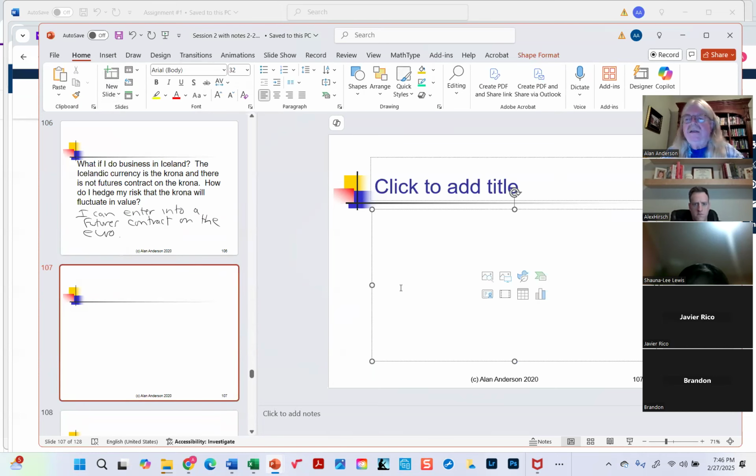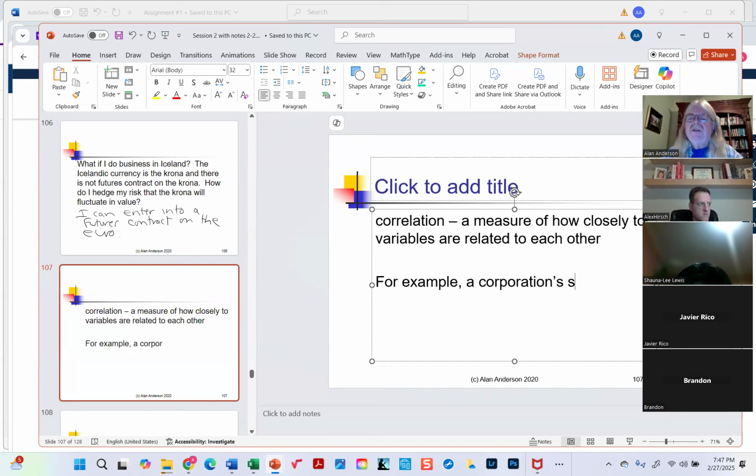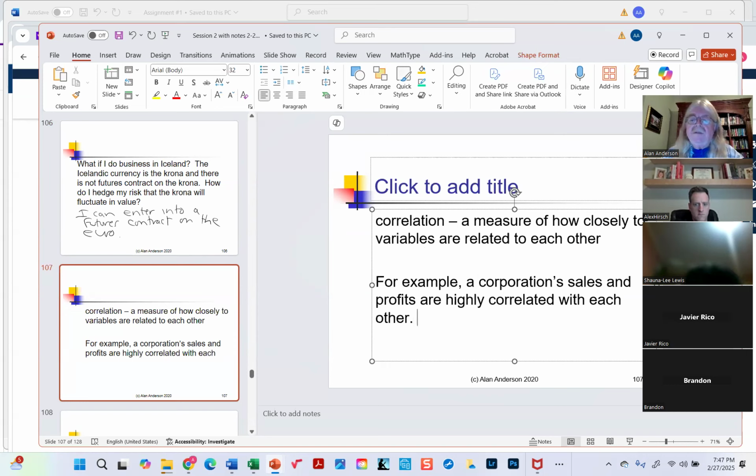Now, I'm guessing that everybody in their travels has experienced this word correlation, a measure of how closely two variables are related to each other. So let's say, for example, it would be clear that a corporation's sales and profits are highly correlated with each other. Because obviously you can't have high profits unless you have high sales, right? Or at least it's not likely.